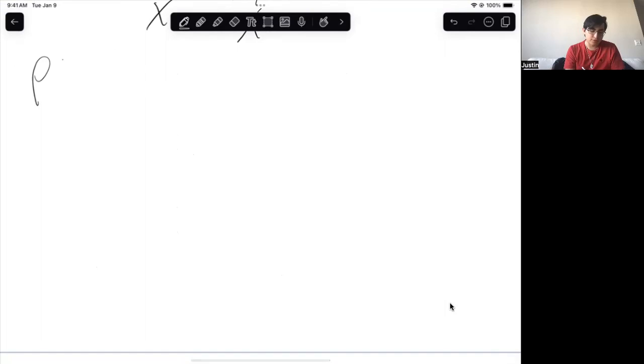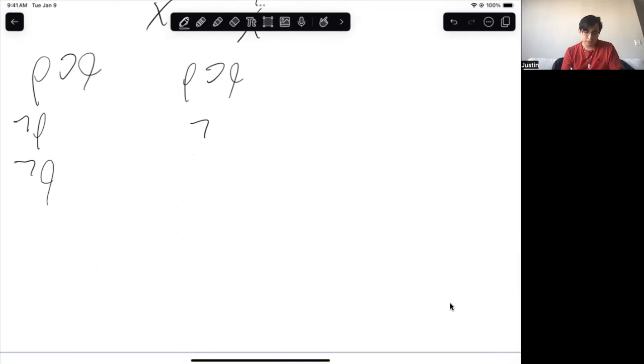But then how about this form? Not P and not Q. So you write it out, you negate the conclusion, and you can get rid of the double negative. I do that just because I don't like having double negations.